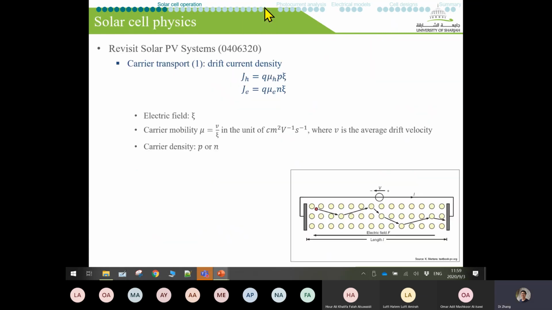With that said, that concludes our discussion on the optical performance. We still have I think 15 minutes. For the remaining part, I would like to start going over some basic physics inside the PN junction, inside the solar cell.